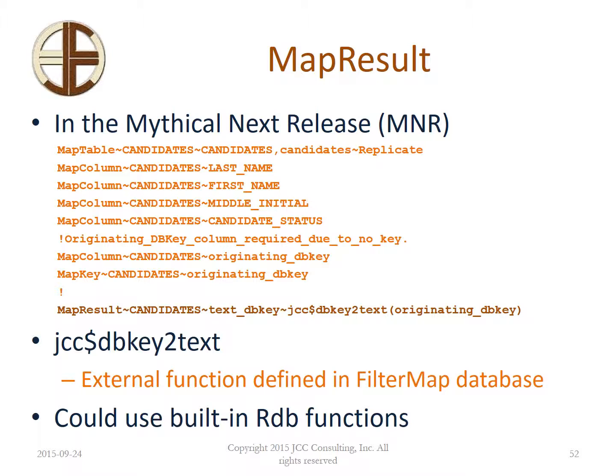In this case, we've created an example function called DB key to text, and it takes the originating DB key and turns it from the 8-byte integer structure into a character string format. It's added as an external function in the filter map database. You could also use RDB functions there, and we're working on testing that and hope to be releasing it sometime.